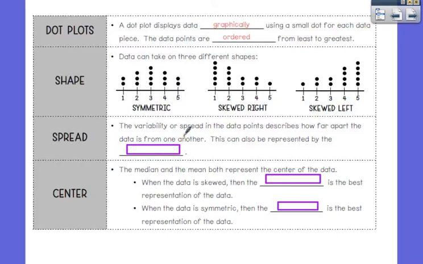Well, now my age range is from 5 to 14 when most people aren't even 5 in here. So if I had a 5-year-old come in here, he's known as an outlier because he doesn't belong in this age group. So this can also be represented by the range.